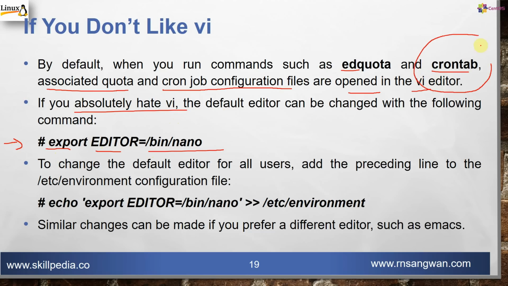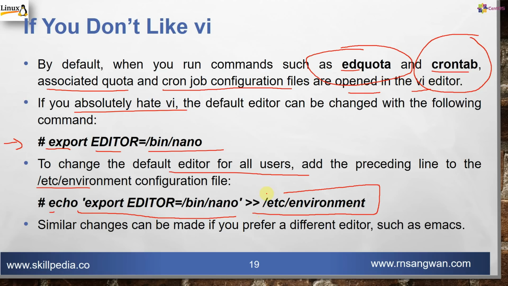You remember I told you that crontab and edquota use the vi editor by default. So if you want to change that, you can make changes. To change the default editor for all users, you have to change the environment variable. Echo the export line into /etc/environment. So this will change the default editor for all users.